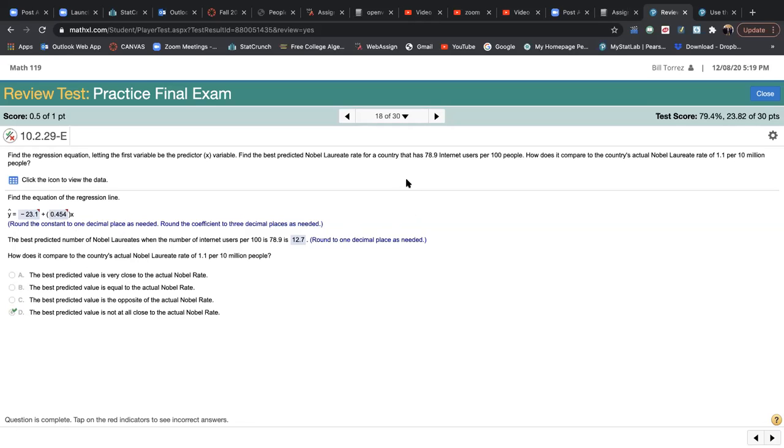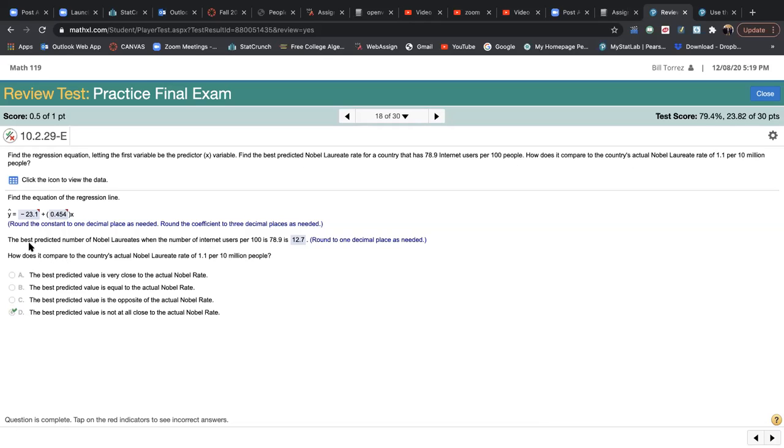And then let's go back to, okay, the question up here, how does it compare to the country's actual Nobel laureate rate of 1.1 per 10 million people? Okay, all right. And oh, by the way, we have another problem here for this one.